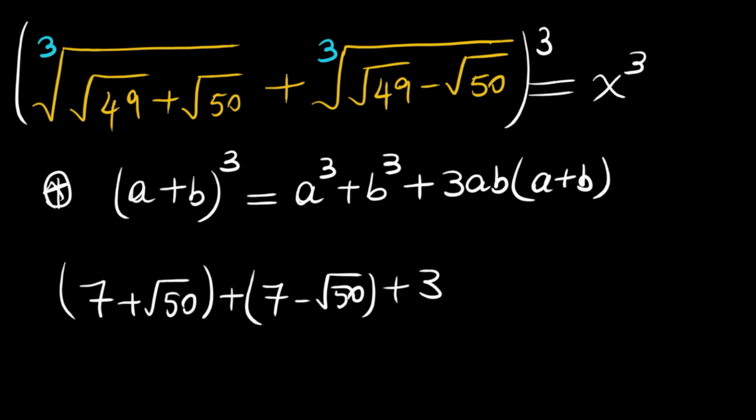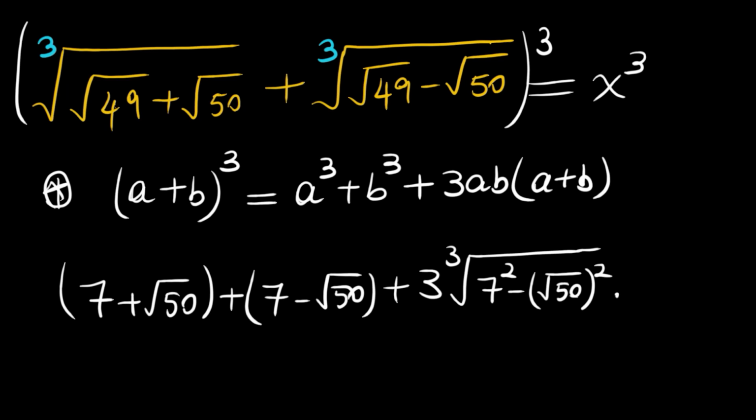Since these two are cube roots, we'll combine them and multiply the inside parts of these two, and these two are conjugates actually. We will have the cube root of this 7 squared minus root 50 squared. From the difference of squares, we can write this, and times a plus b.